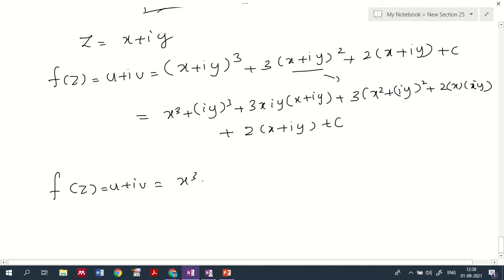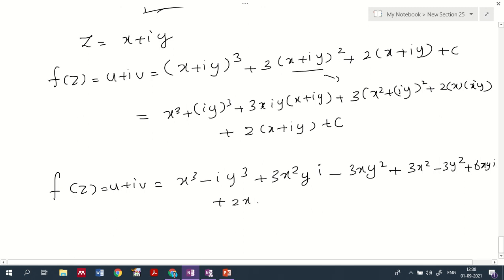You'll be getting x cube minus i y cube plus 3x square y i, that is i minus 3xy square, plus on the square part, that is 3x square minus 3y square plus 6xyi plus 2x plus 2iy plus c. Okay, this is how you get the corresponding representation.